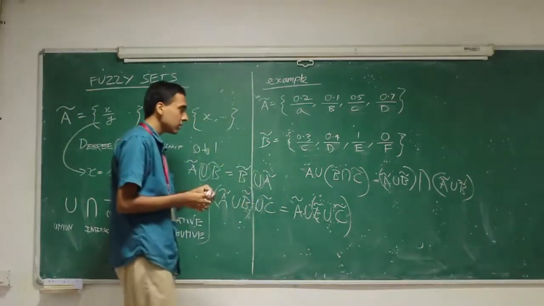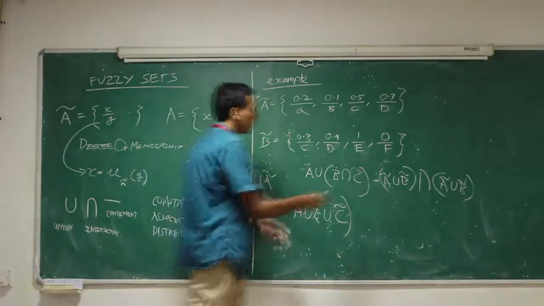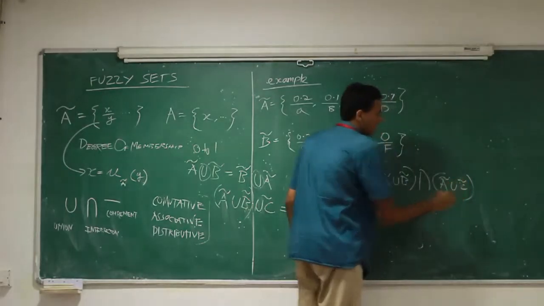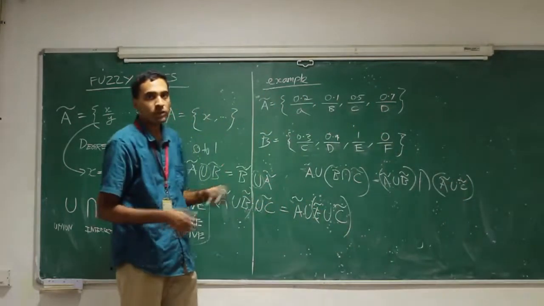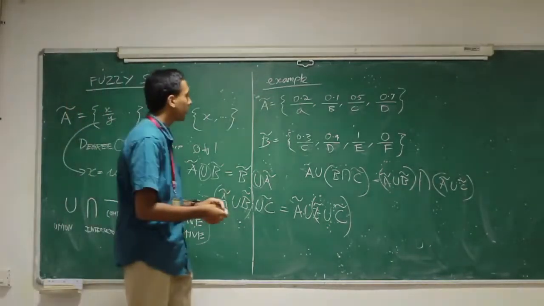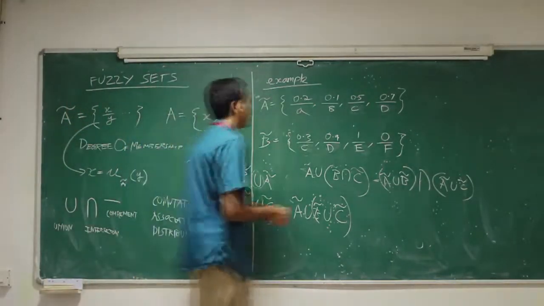One thing I see here is that they have made an error here. This should be C. The set C. And we'll have an example for each of these. We'll see the example of distributive alone. We should basically cover everything else.